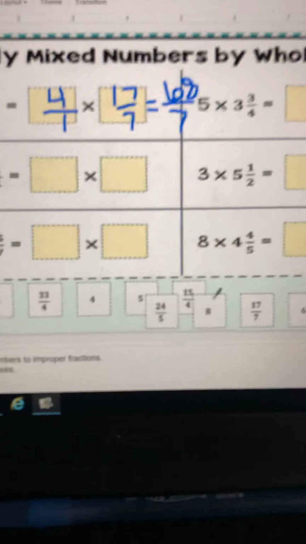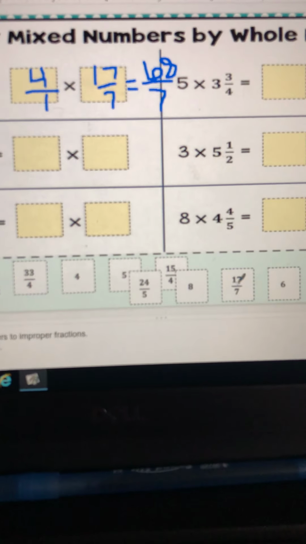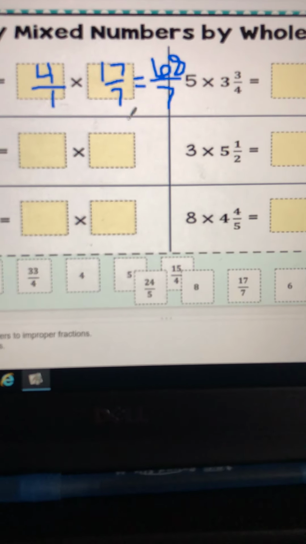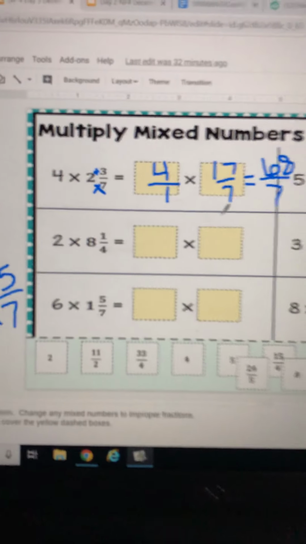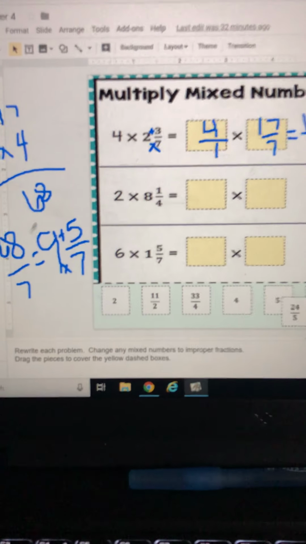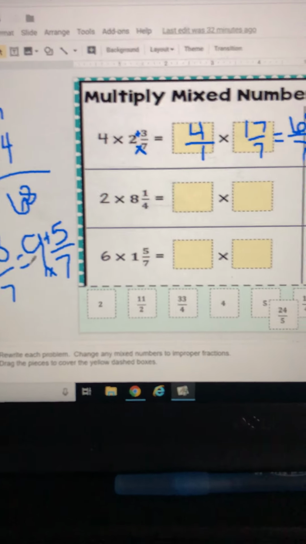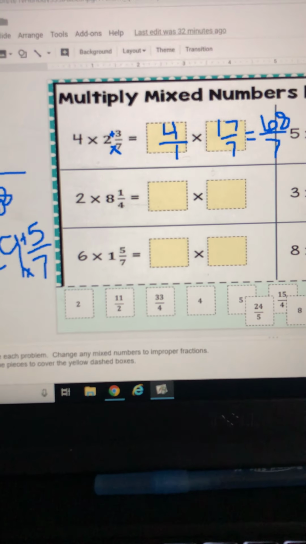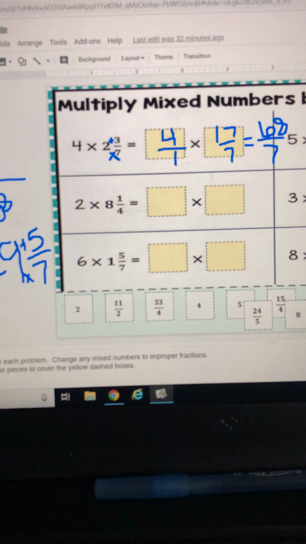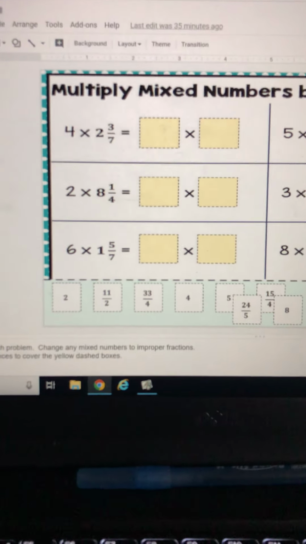Yes, I understand that that is not there, that you would drag 17/7 there. But remember, our 5th grade standard says we have to be able to do this. So we practice it with everything. I'm going to pause the video, and there will be a second edition for the rest of the slides just so it's not so long.